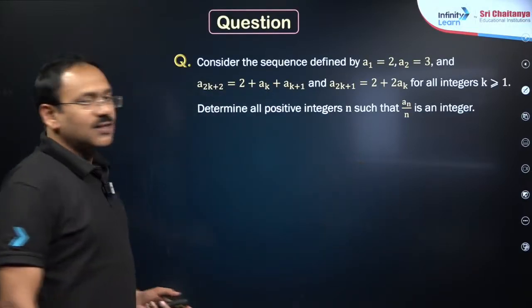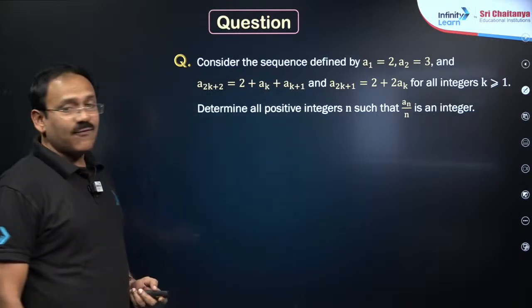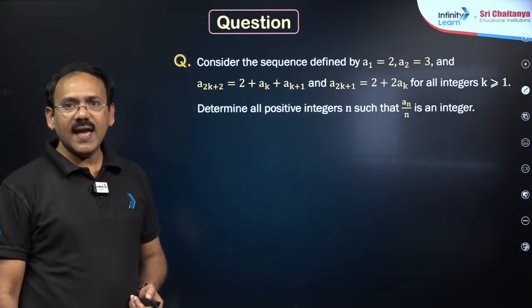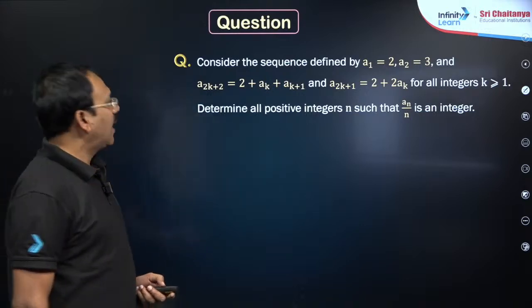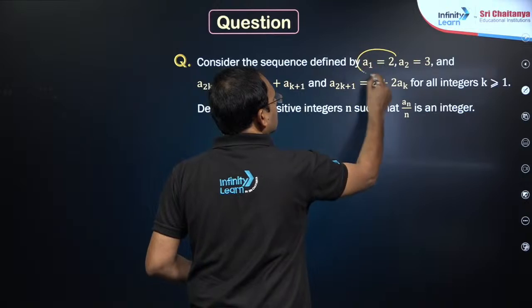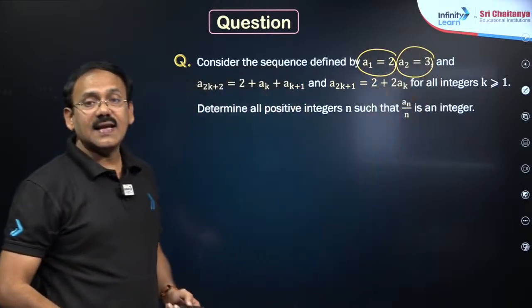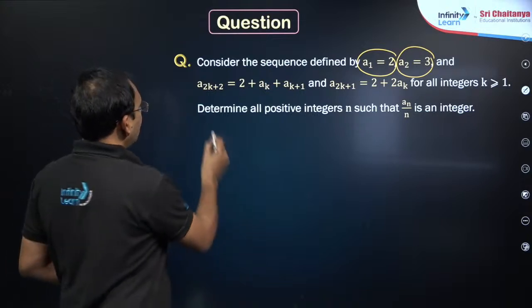So, question 1. Consider the sequence defined by A1 is 2 and A2 is 3, and there is a recurrence relation given.